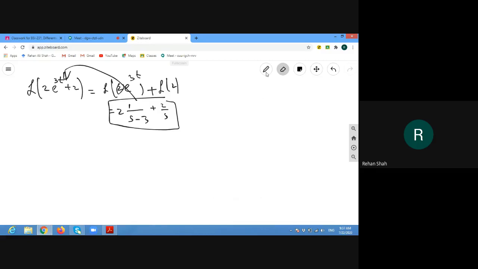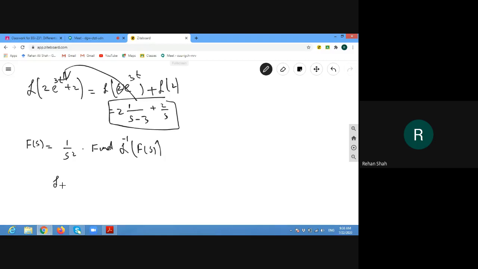So now how to find the inverse Laplace transform? If you have a function, suppose f of s is equal to 1 over s square. The question is, find L inverse of f of s, the inverse Laplace transform.